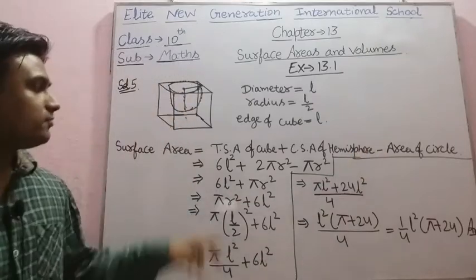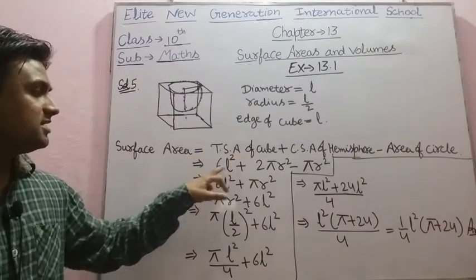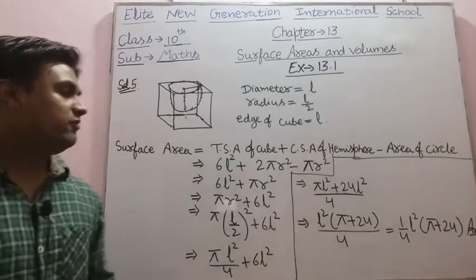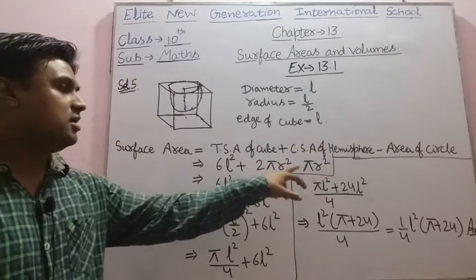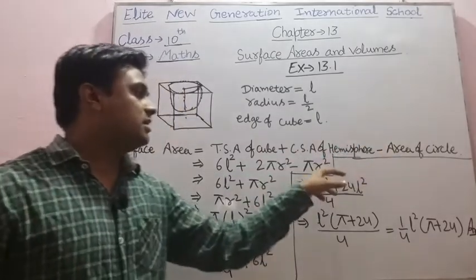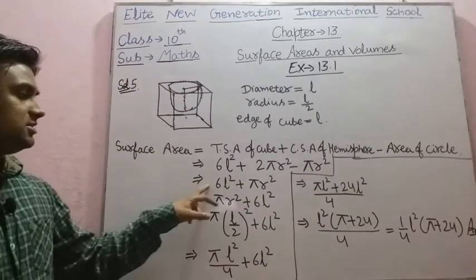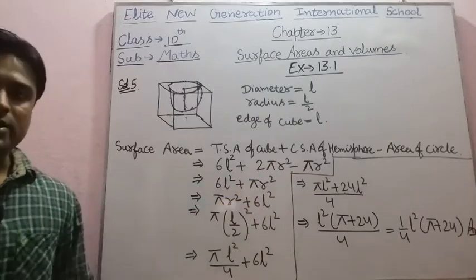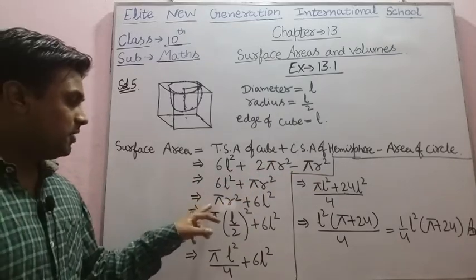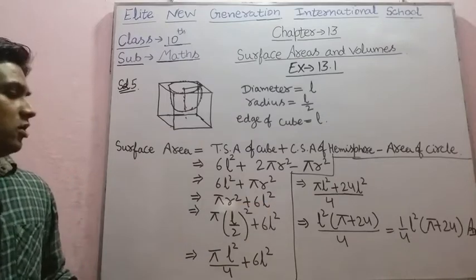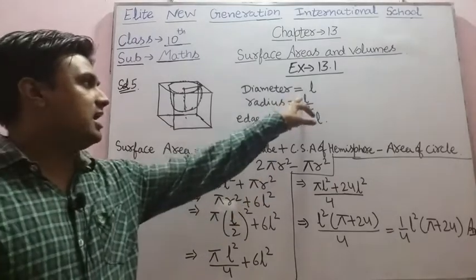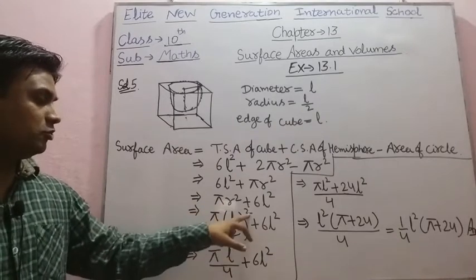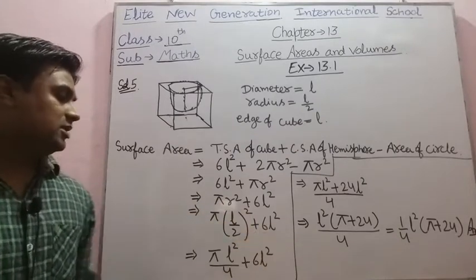So here surface area of cube is 6L square plus curved surface area of hemisphere is given by the formula 2 pi r square minus, and the area of the circle is given by pi r square. So here 6L square plus 2 pi r square minus pi r square will be pi r square. So we can also write pi r square plus 6L square. Now here the radius is L upon 2. So in place of r we can write L upon 2, so pi (L upon 2) square plus 6L square.